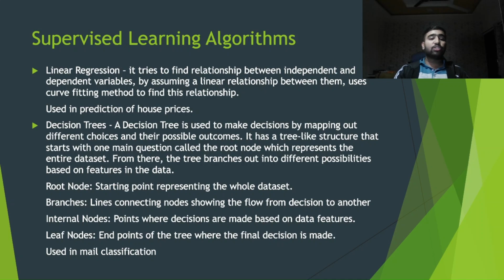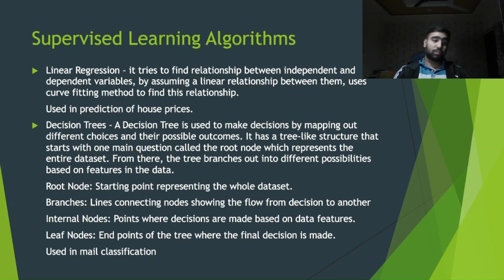Linear regression is used in prediction of house prices. Given previous data about houses, we can use the linear regression model to predict future house prices based on the number of rooms in a house or the square area or the location.